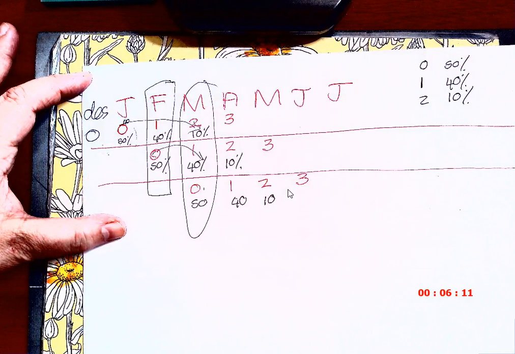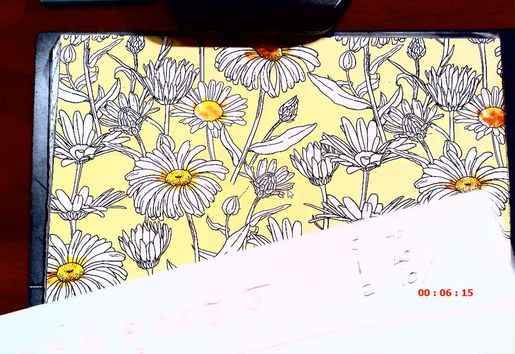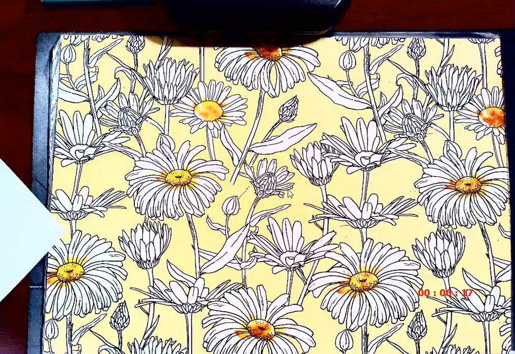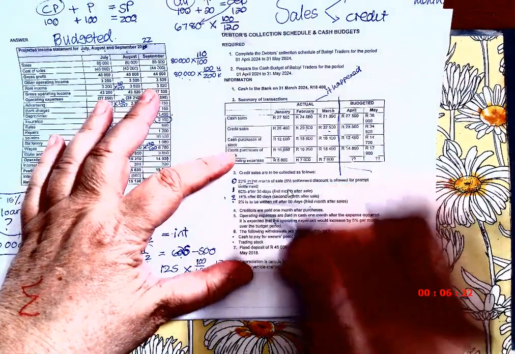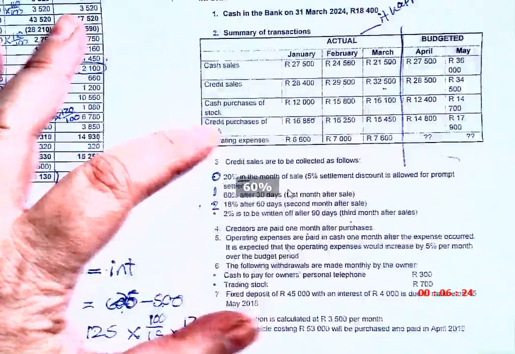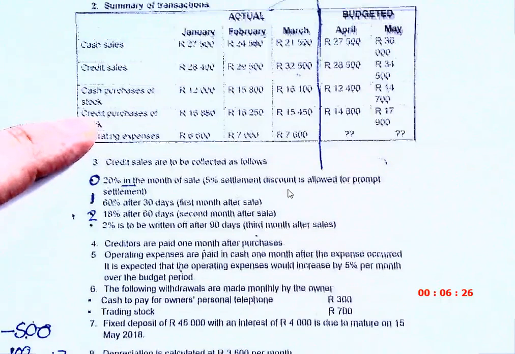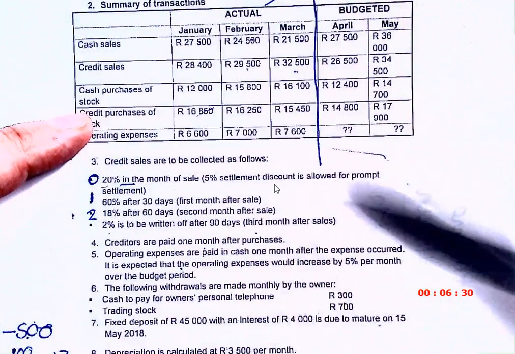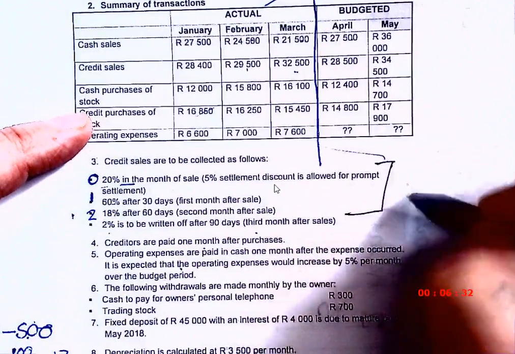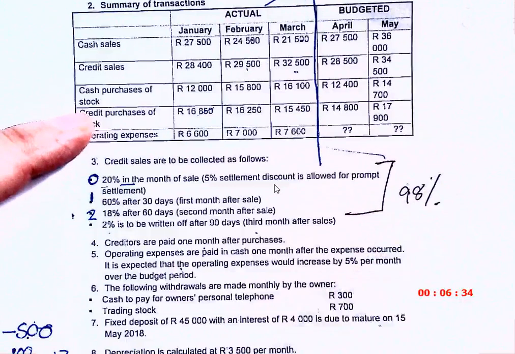So that is why when we look at the schedules, if I can find it, can you see 20, 60, 18, 2? We are also budgeting for people to not pay. Can you see? That 2% is bad debt. In other words, I only budget to receive 98% in this case.